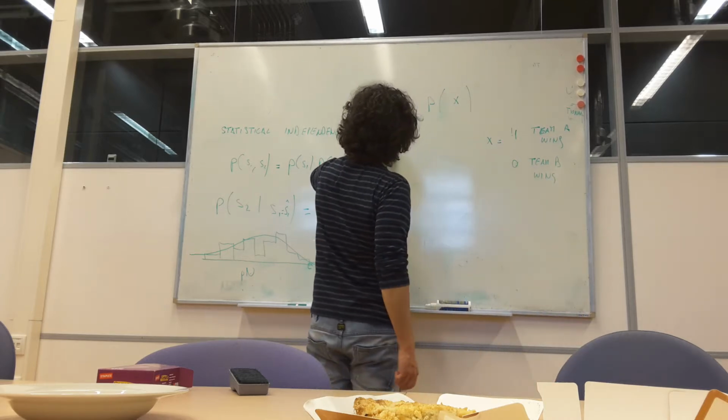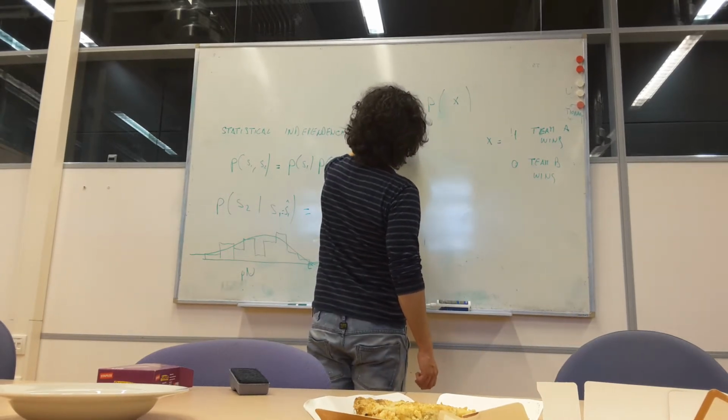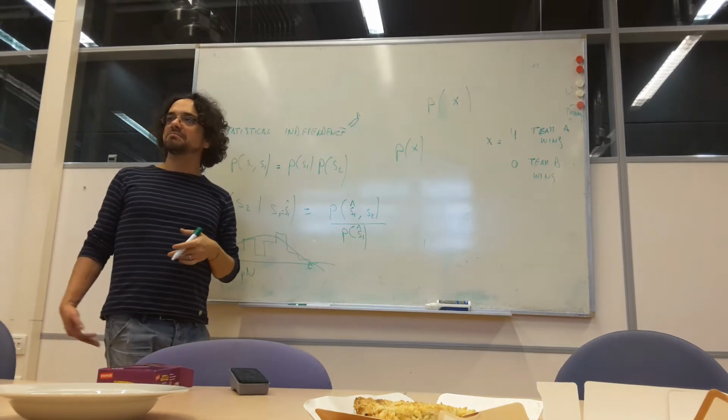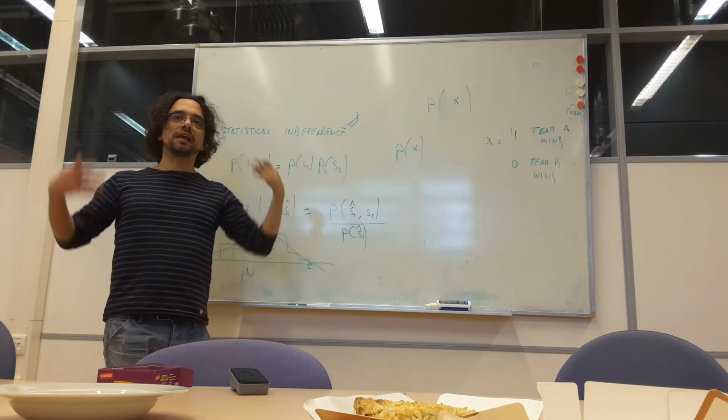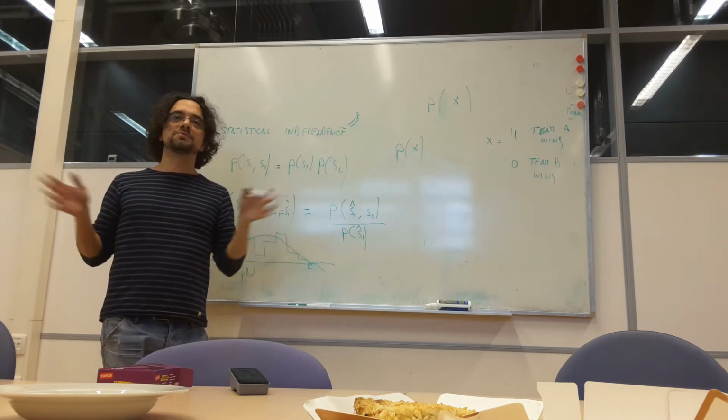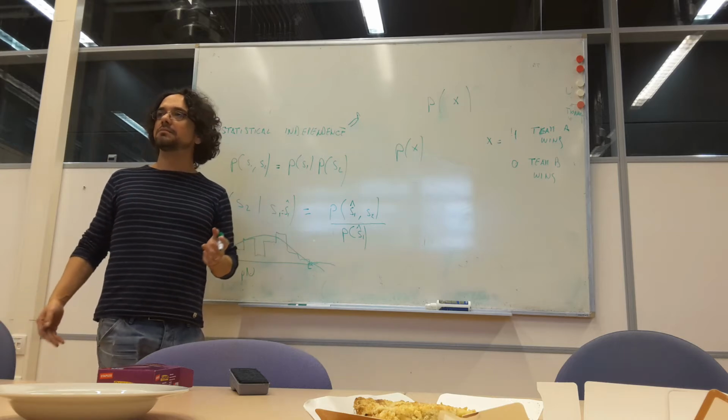And now I have a P of x, which represents my understanding of the game, of everything I know about the two teams, weather conditions, anything.